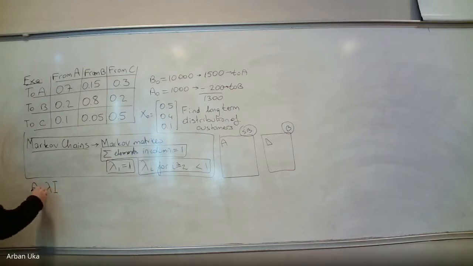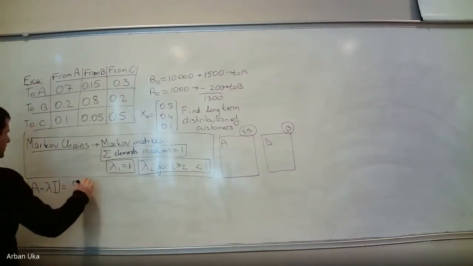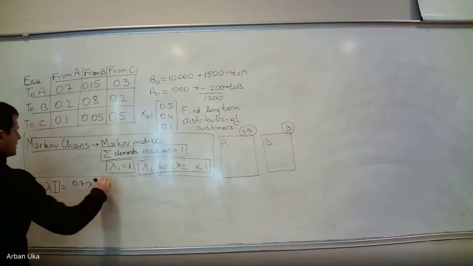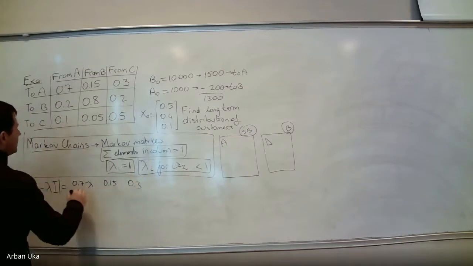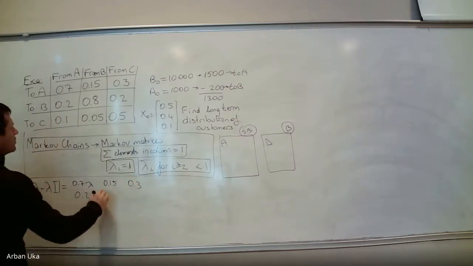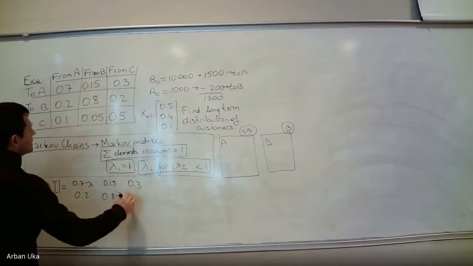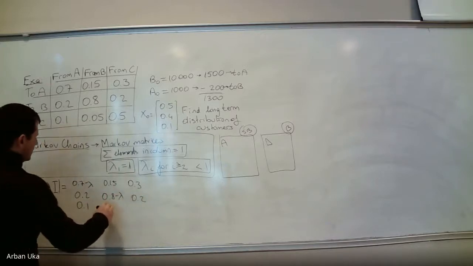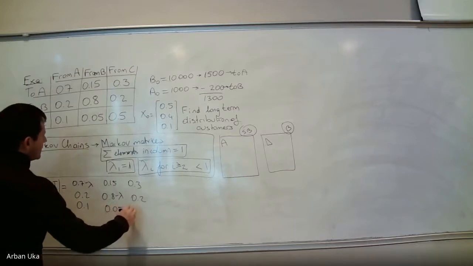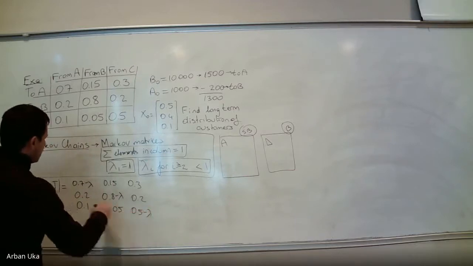So what we do is that we have this matrix here, and we want to determine the eigenvalues. We immediately have here 0.7 minus lambda, 0.15, 0.3, 0.2, 0.8 minus lambda, 0.2 again, 0.1, 0.05, and 0.5 minus lambda.